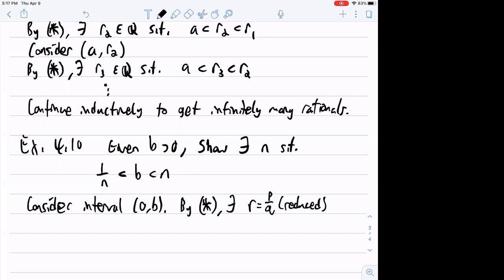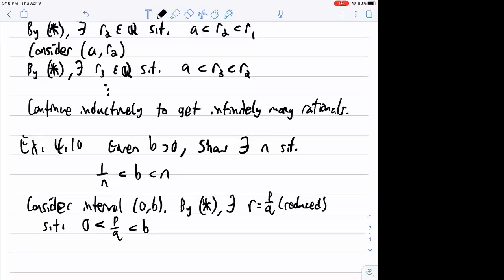By reduced, I mean instead of 2 over 4, it's 1/2. So there exists R equals P over Q such that 0 less than P over Q less than B. I'll write P over Q from now on instead of R. So this is by density of rationals.